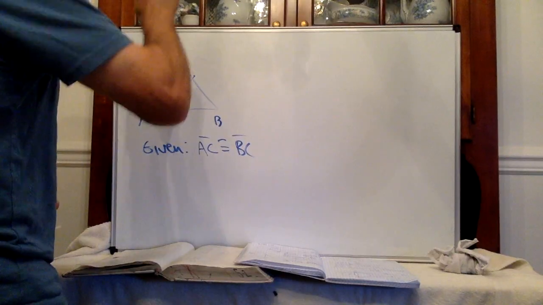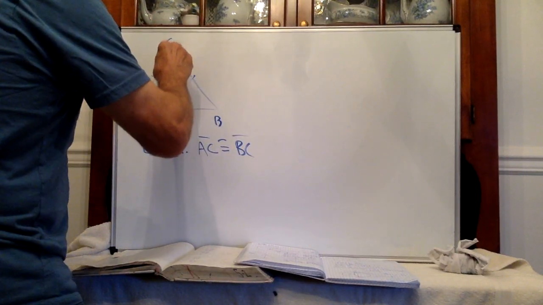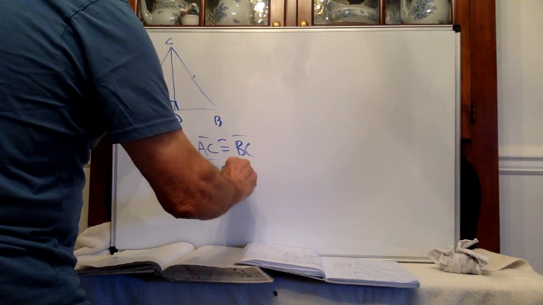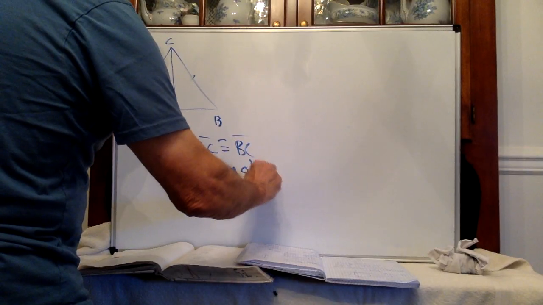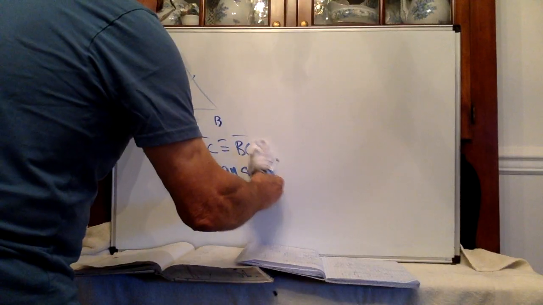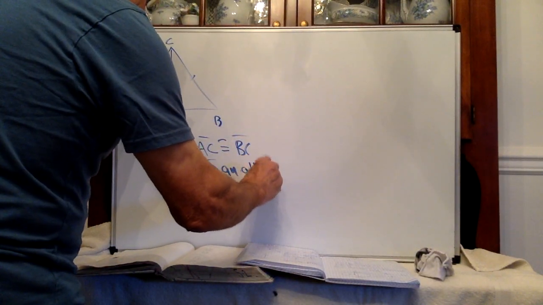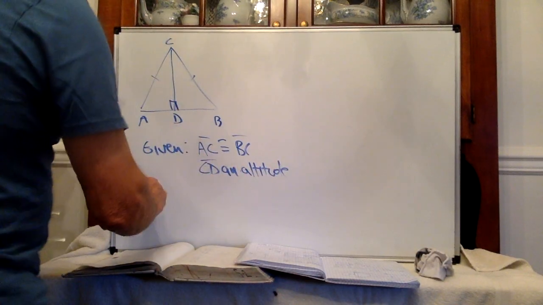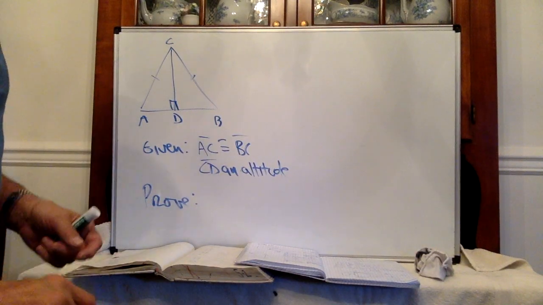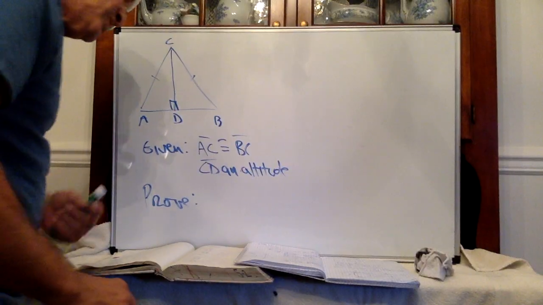And then it also says the altitude to the 3rd side. They told you CD and altitude. And then they asked you to prove that the altitude divides the triangle into 2 congruent triangles.